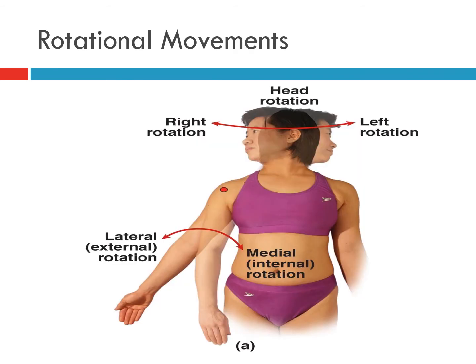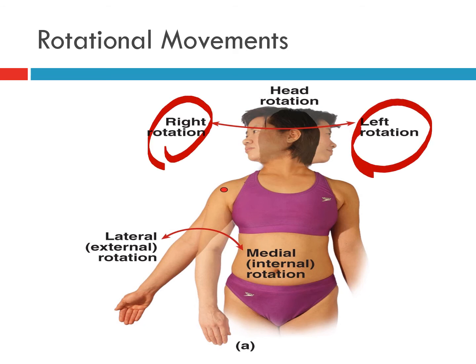Some rotational movements. We can rotate the head to look over our left shoulder, which would be left rotation, or to look over our right shoulder, which would be right rotation. And with the arm, we can laterally rotate.